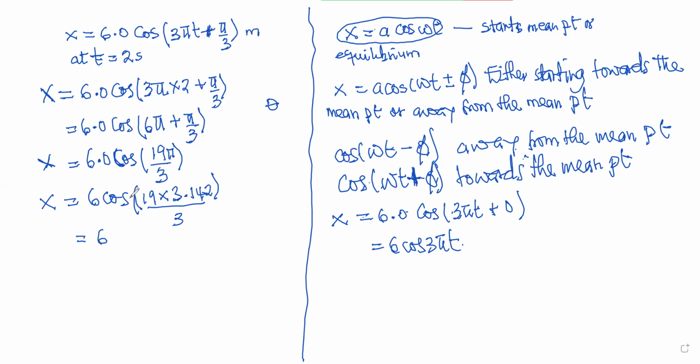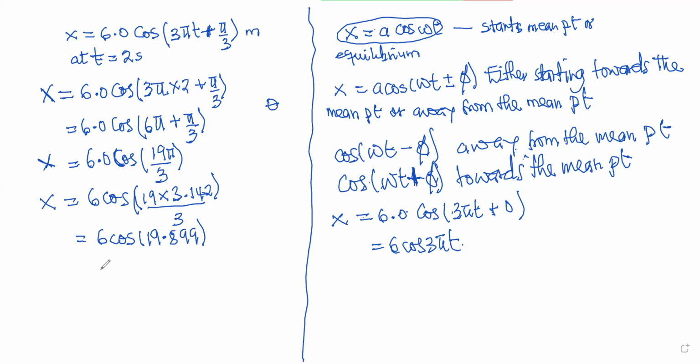19 times 3.142 divided by 3 gives 19.899.